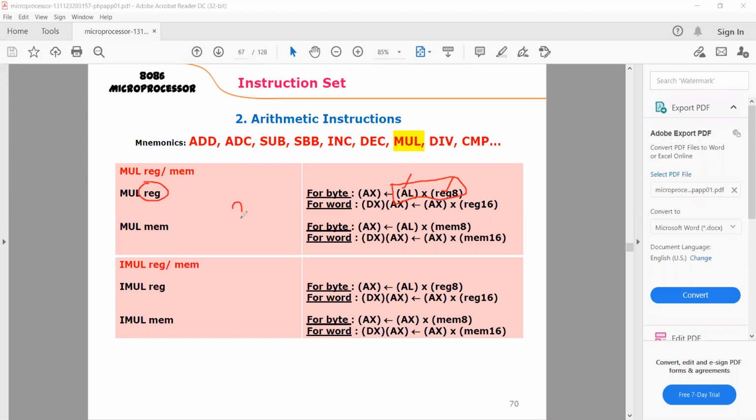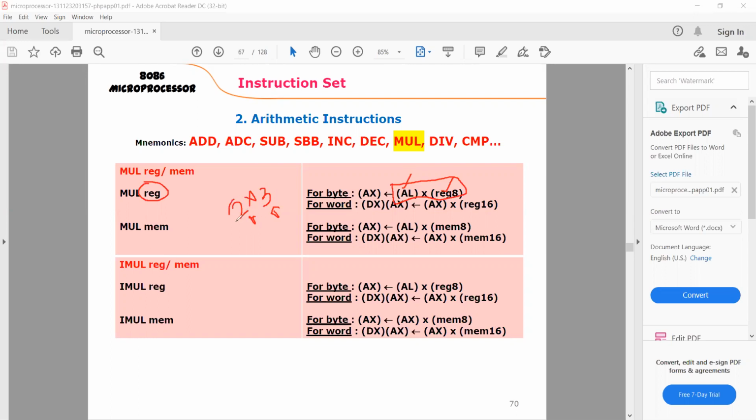Suppose we are performing 2 into 3. Here 3 is the multiplier and 2 is the multiplicand.